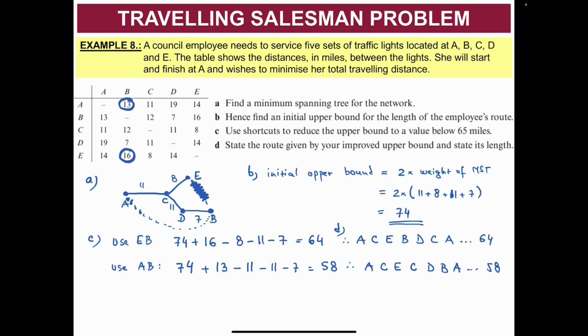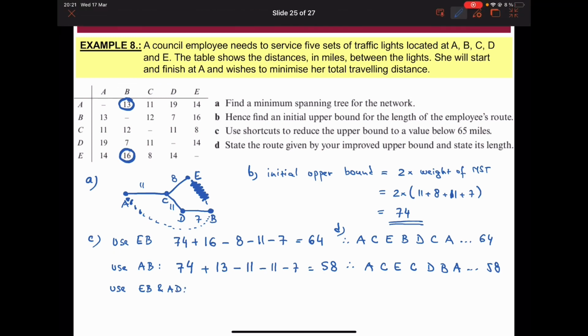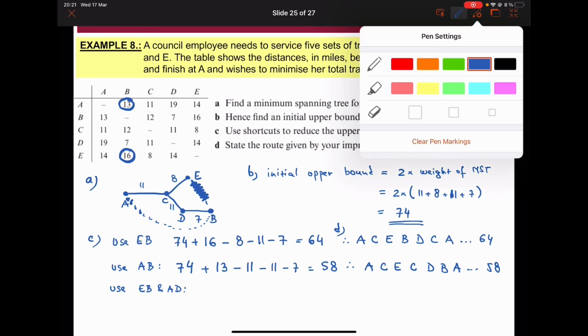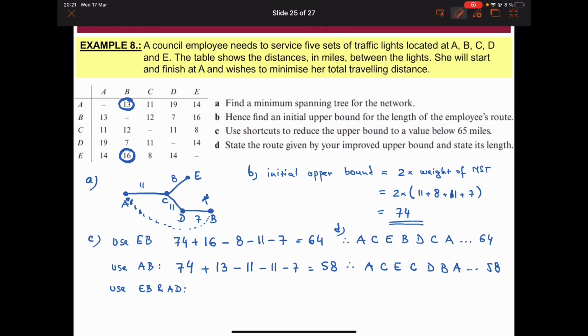Another option possible would be to use AD and EB together. EB and AD. Okay, let me change the color or erase this.